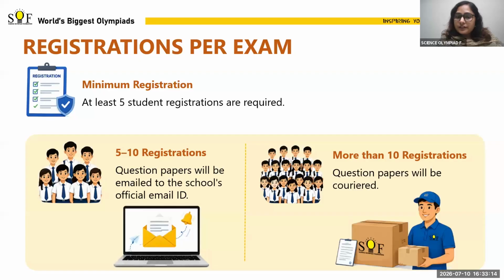If there are 5 to 10 registrations, the question paper will be sent to the school's official email ID. The school can print them, and the SOF reimburses the printing cost as per its policy. And if there are more than 10 registrations, the question papers and the examination materials will be couriered directly to the school. So you have to take care of this.